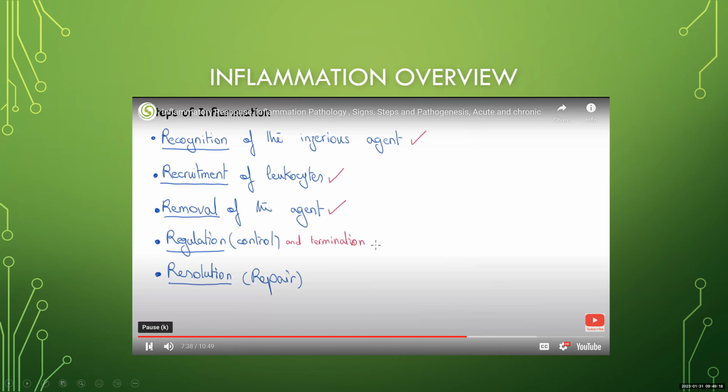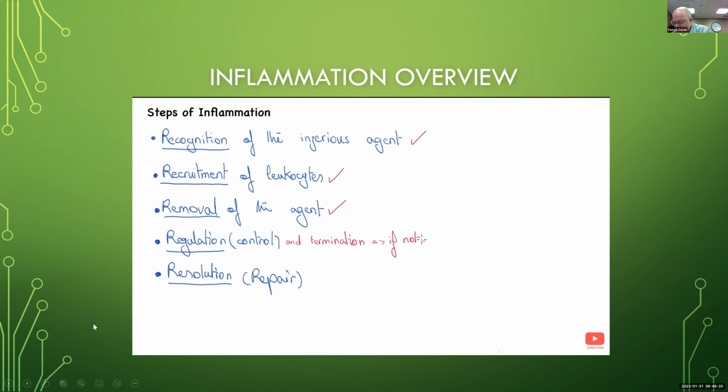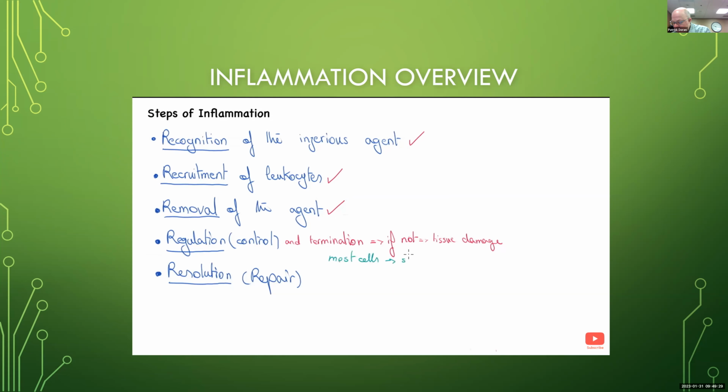Great, thank you. The inflammatory response, if not regulated, can have harmful consequences and damage the tissue in the process of removing the offending agent. Most cells involved in inflammation have short half-lives and die by apoptosis within a few hours. The same goes for the mediators, which have short half-lives and decay quickly.